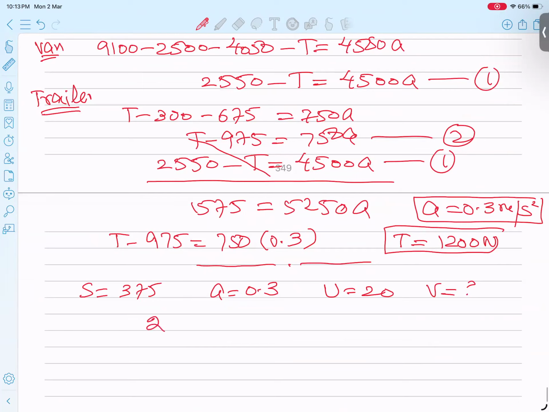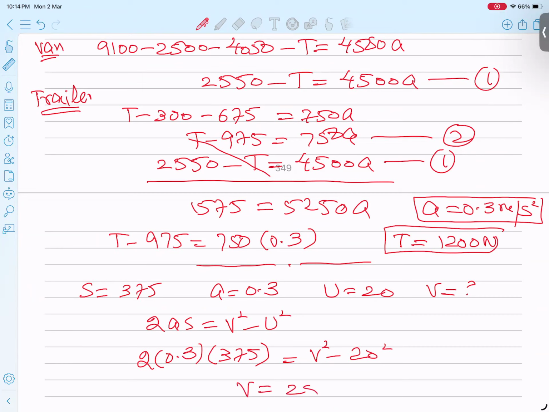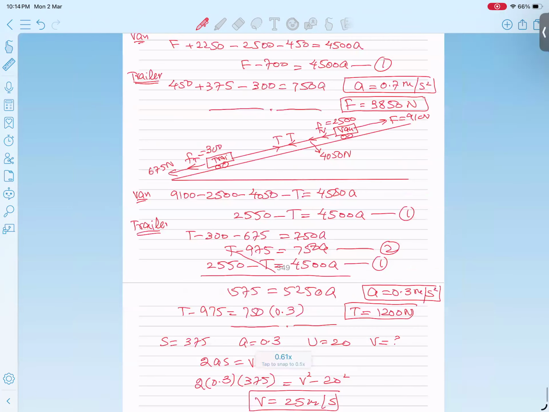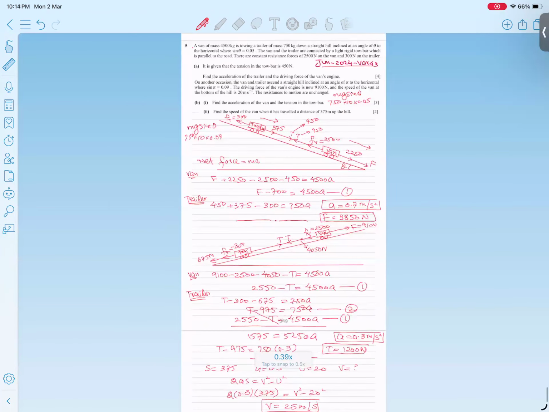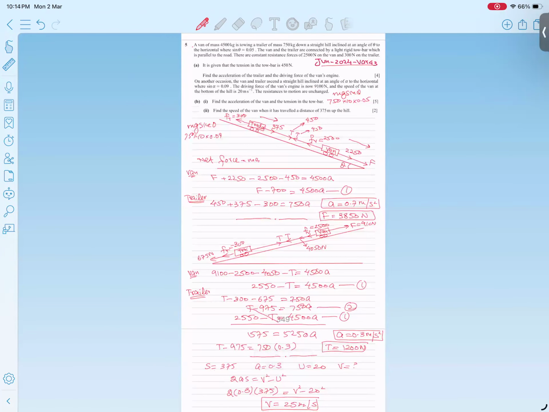And you know very well, easy: 2as is equal to v squared minus u squared. 2 times 0.3 into 375. Final velocity is v, and this is 20. So 2 times 0.3 into 375, plus 400. If I take the root of this, my answer turns out to be 25 meters per second. So I believe the concept is totally clear, and the whole question is completely over.